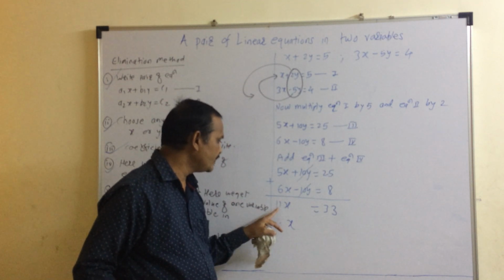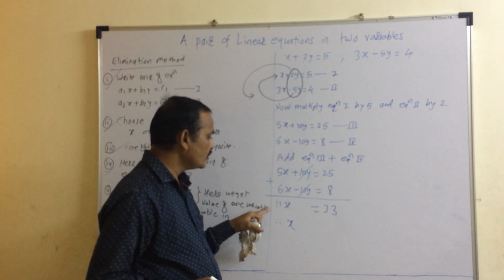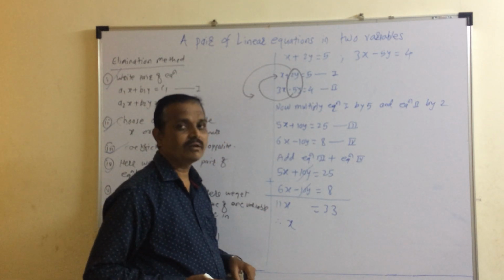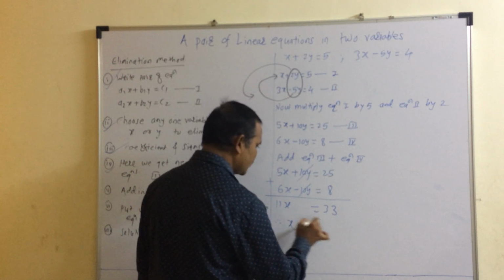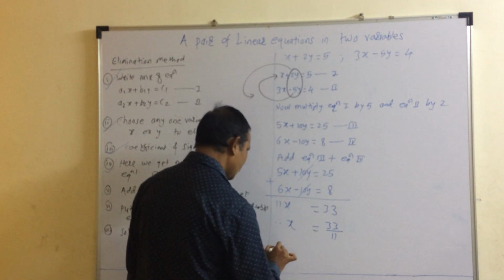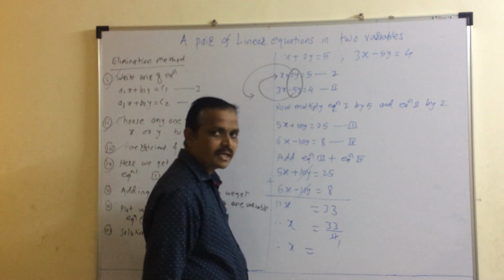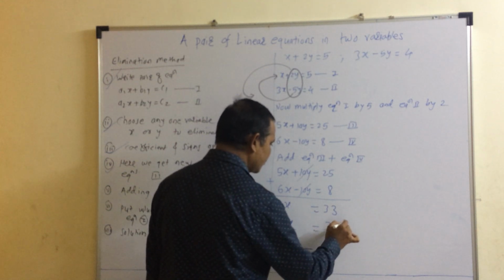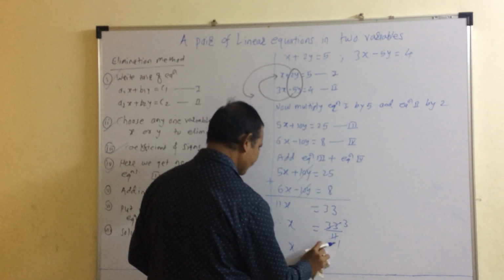The operation between this coefficient and variable is multiplication. So we transfer this 11 to the right hand side to divide. So we write 33 divided by 11. Now 11 ones are 11, 11 threes are 33, so we get x is equal to 3.